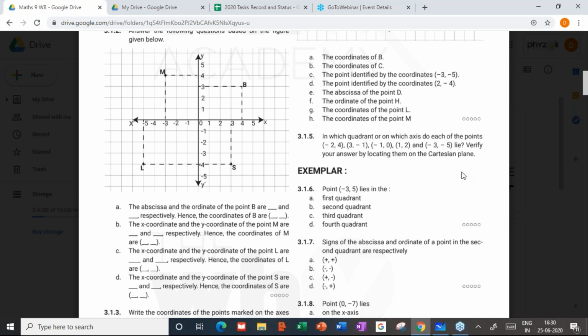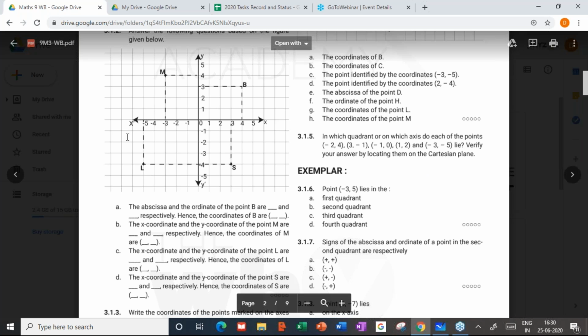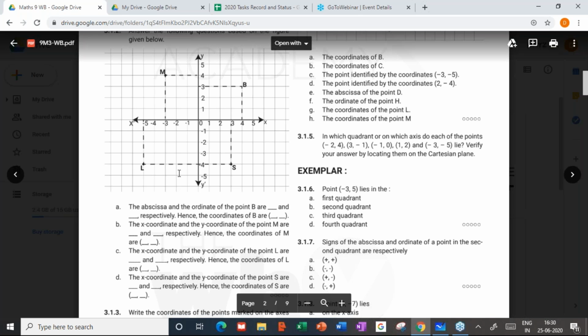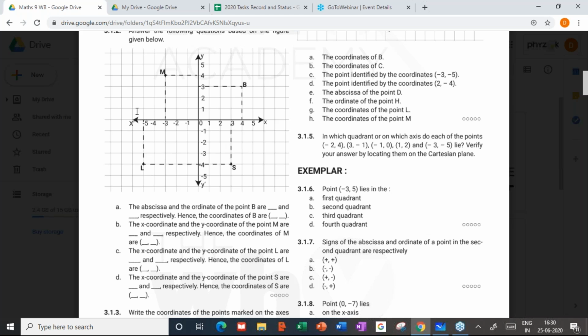Where is the confusion? I didn't understand. Okay, so for the third one, for L, the point is going to be -5 comma -4. Yes? Anybody having any questions? Still any doubt? Always the x coordinate comes first.